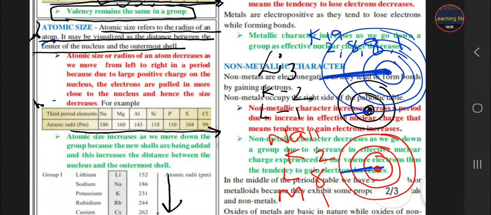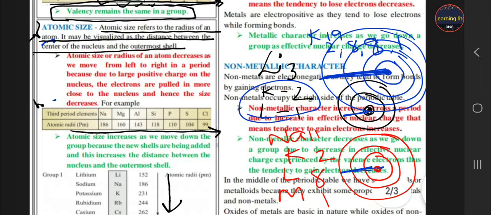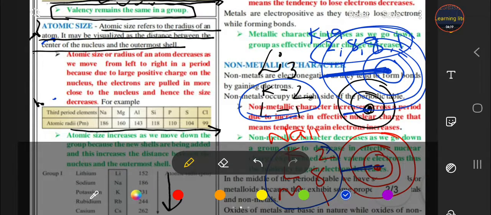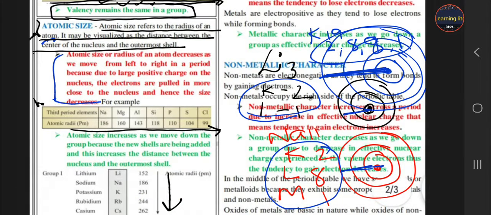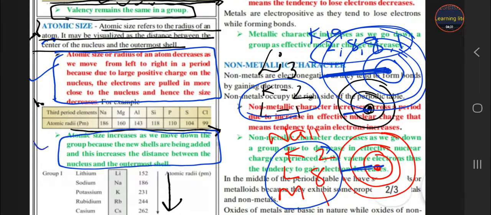So as we move down the group, the number of shells increases. In lithium there are only 2 shells, for sodium 3 shells, and for potassium 4 shells. And we observe in the diagram, as the number of shells increases, the radius also increases, which increases the atomic size. So I think it is very easy to understand that atomic size decreases in the period and increases in the group.